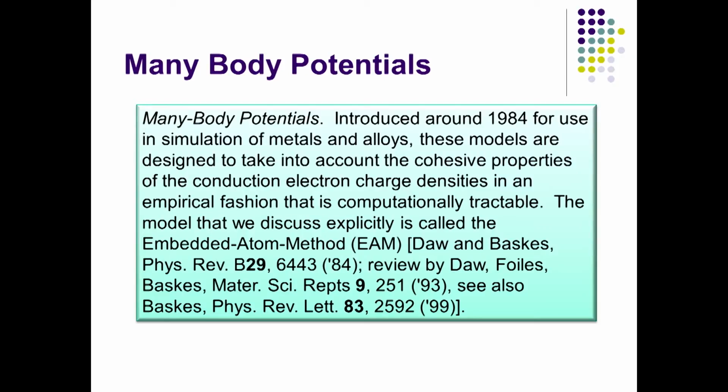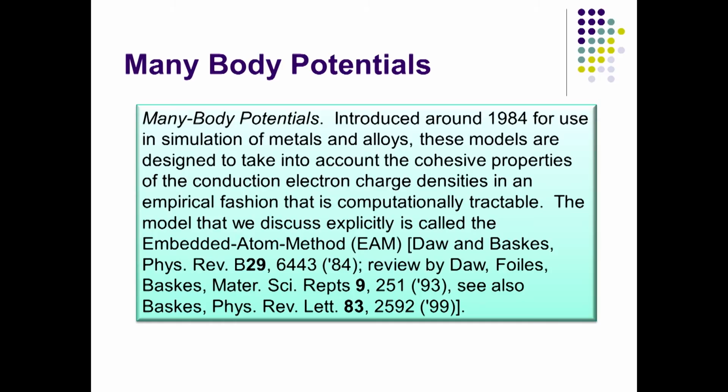These models are designed to take into account cohesive property of the conduction electron charge densities in an empirical fashion that is computationally tractable. So, the issue is also I can take care of all this cohesive energy, but how do I come up with an algorithm or a potential energy, I would say a mathematical function, that I can use in computers.